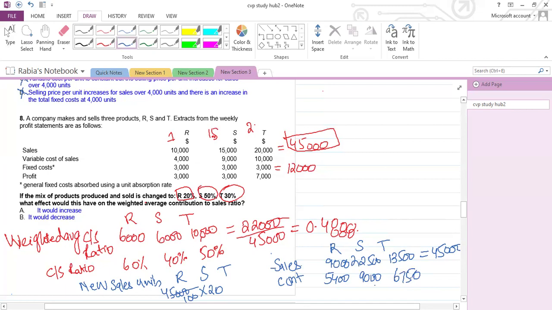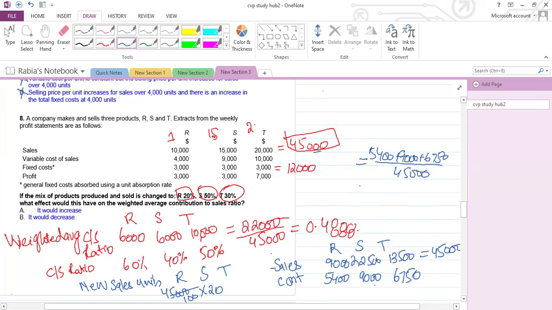Okay, this is your contribution for each product. Now we will calculate our total contribution. 5,400 plus 9,000 plus 6,750 divided by 45,000.